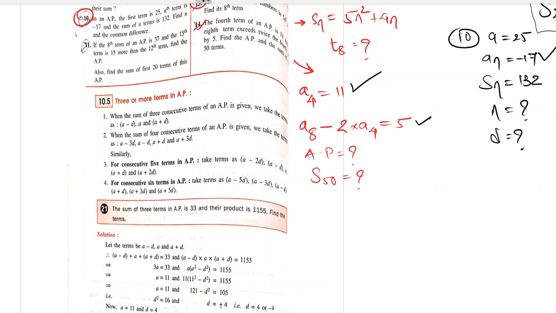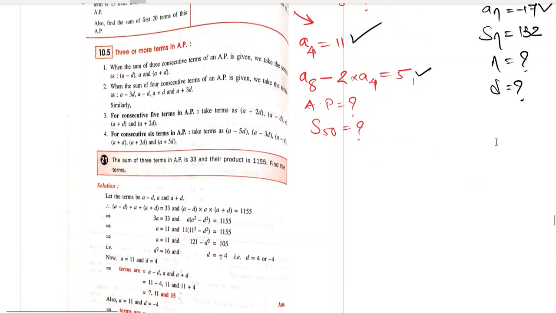Let's do it here itself. So fourth term is 11. If fourth term is equal to 11, can I say that A plus 3D is equal to 11? Yes. So this will be equation number 1.